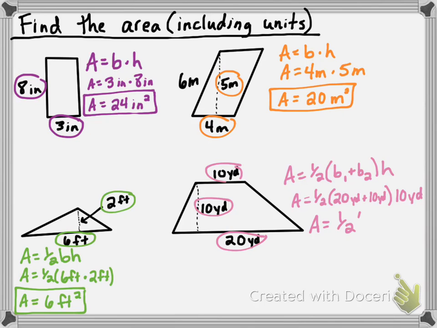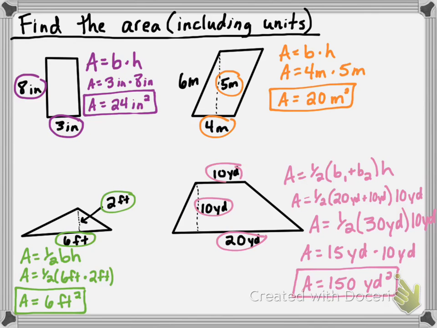So that's 1/2 of 30 yards times 10 yards. Well, half of 30 is 15. So 15 yards times 10 yards. So the area of this trapezoid is 150 yards squared.